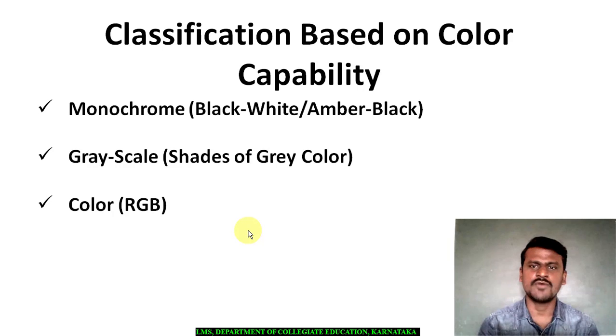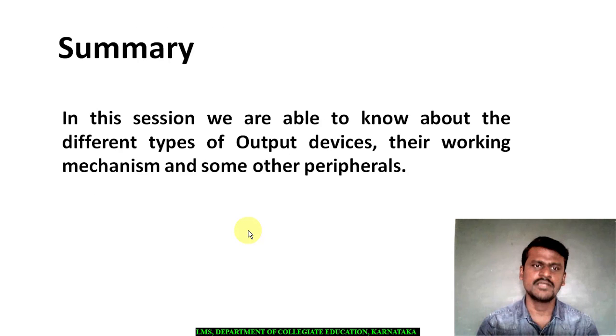These are some of the classifications of monitors, how they have been divided, right? Now this completes your output devices section, mainly the monitor section. In this session we learned about the different types of output devices.